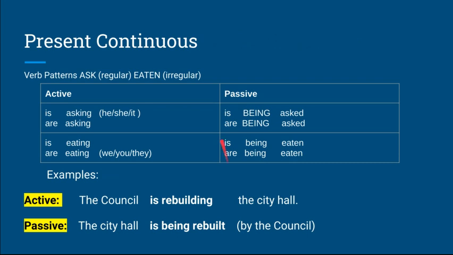Let's remember that the present continuous in the active voice is a verb plus ing. I have added is asking for he, she, and it, and the passive is being asked. The ing is presented in the verb to be here in this part. The plural are asking and the passive are being asked.